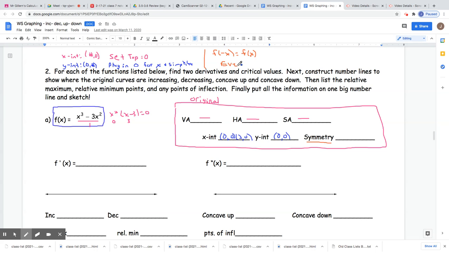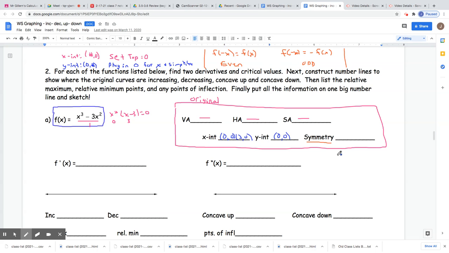Then it has even symmetry. If you plug in f of negative x and it equals negative f of x, meaning like the opposite, then it is odd. If neither of those things happen, then the symmetry is neither. It doesn't have to be even or odd. And in fact, most of these problems we're going to do, if you had to guess and had no idea, I would guess neither. All right.